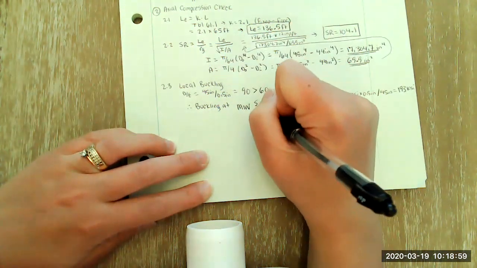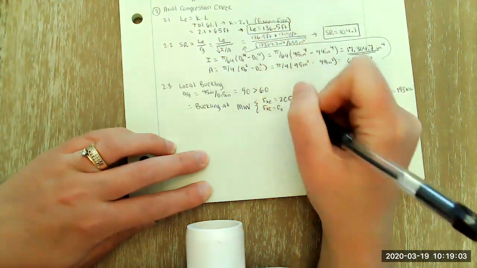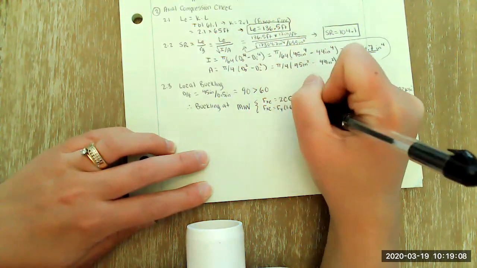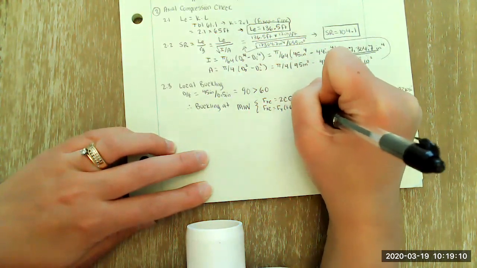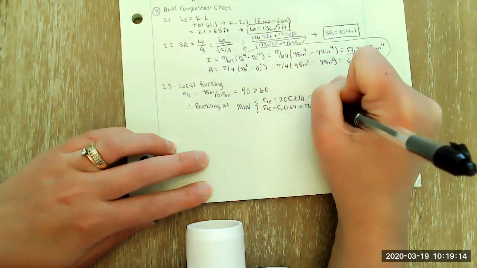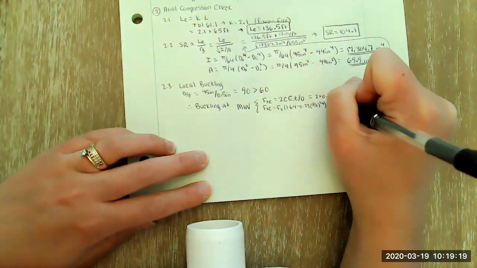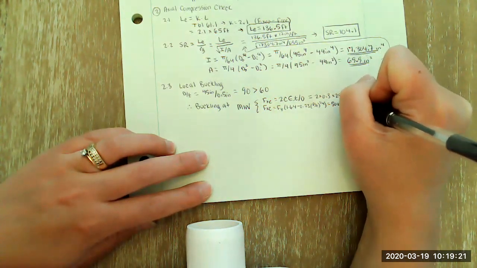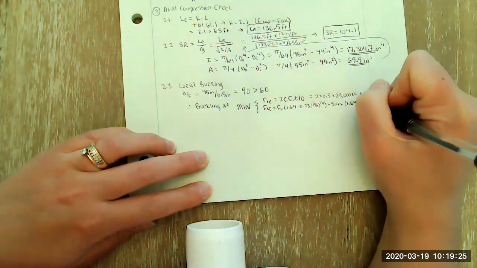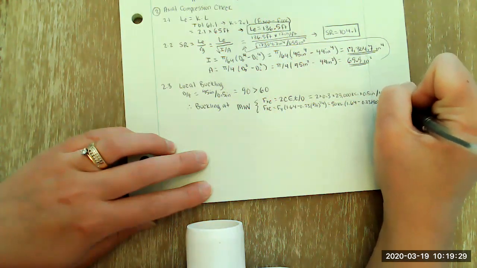Next, I have F sub XC, which is equal to Fy times 1.64 minus 0.23 times D over T to the 1/4. Plugging in numbers, this is equal to 50 KSI times 1.64 minus 0.23 times 90, the 1/4 power.